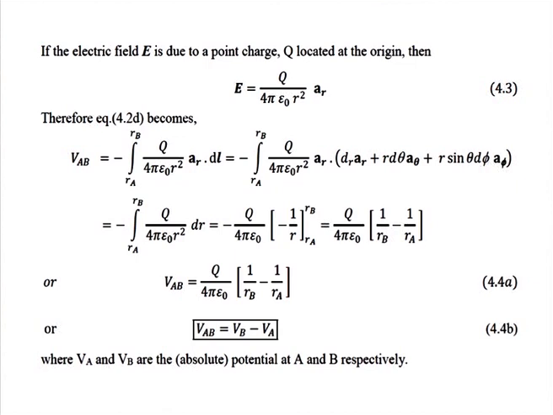After simplifying, we get VAB equal to Q upon 4 pi epsilon naught into 1 by RB minus 1 by RA, or VAB is equal to VB minus VA, where VA and VB are the absolute potentials of B and A respectively.